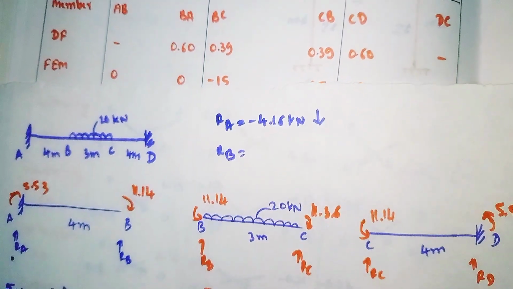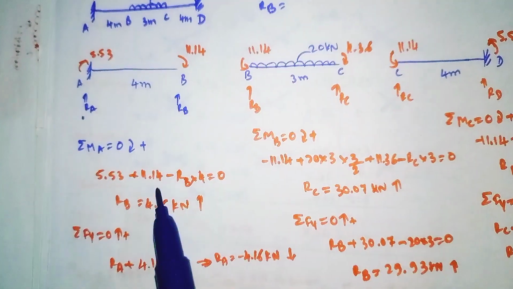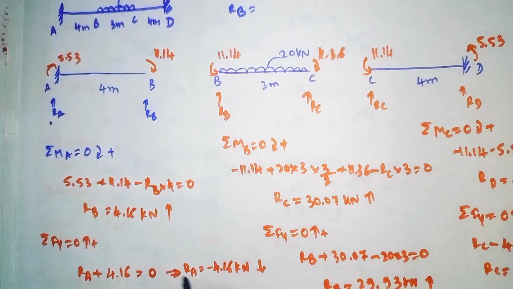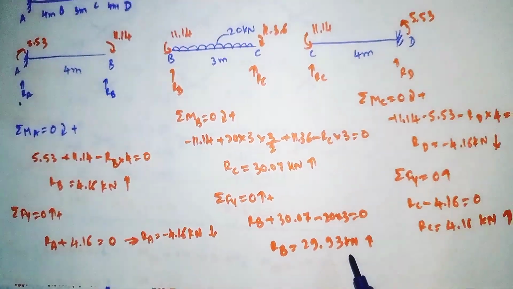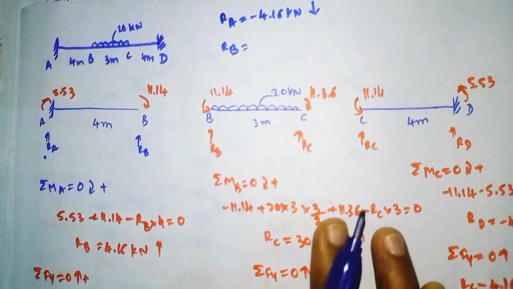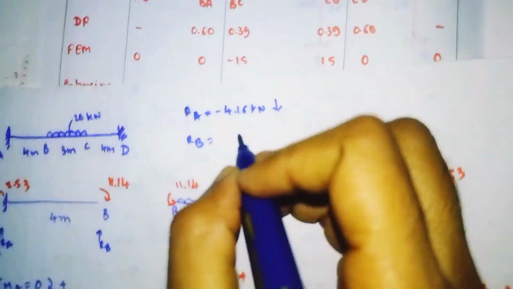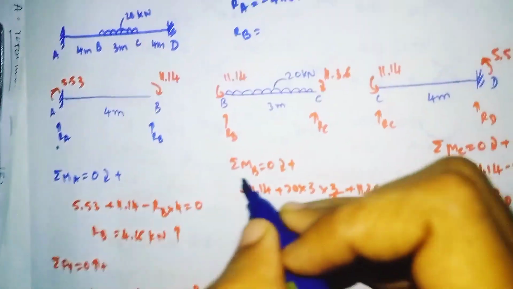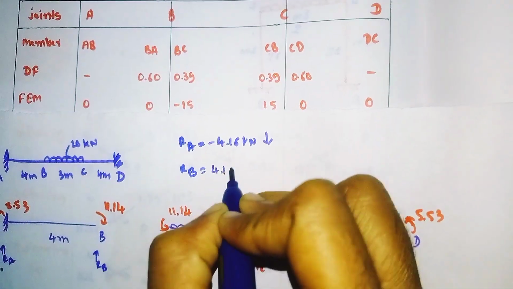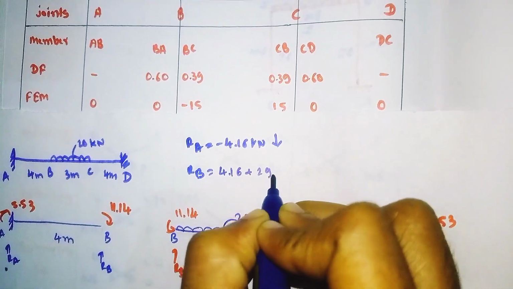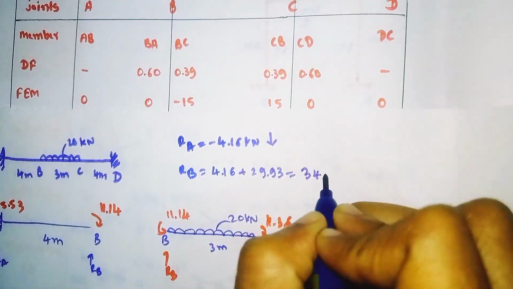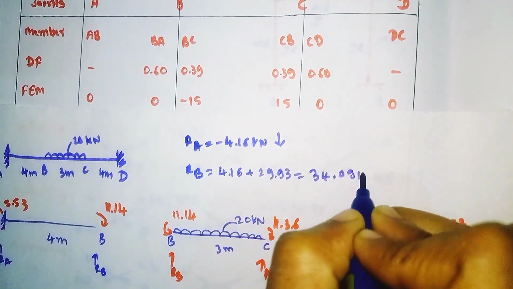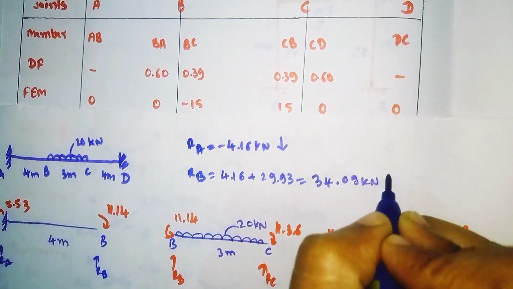See here the RB value is 4.16 and here also 29.93. So add these two to get the final RB value. RB is equal to how much? 4.16 plus 29.93. If you calculate this, it will come out as 34.09 kilonewton. So it's positive, moving upward.